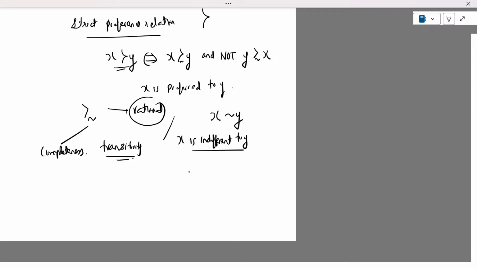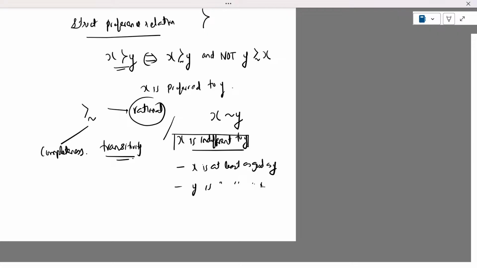By this we mean x is at least as good as y, and y is at least as good as x. Indifference does not mean the alternatives are physically identical. It just means they are equally ranked by the decision maker.